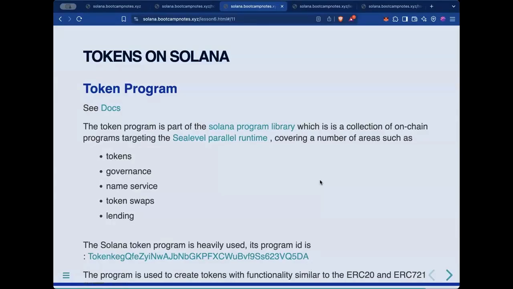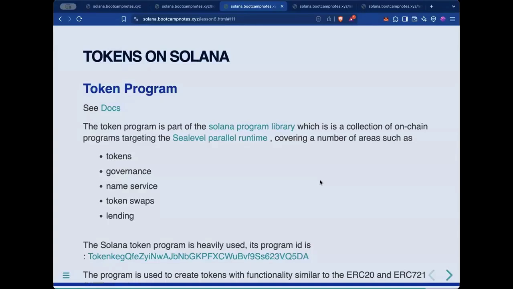The configuration of the token effectively is in a separate account. And so we can use the same token program to provide the functionality for all of the tokens on Solana, but we can then customize them by having the details in different accounts.